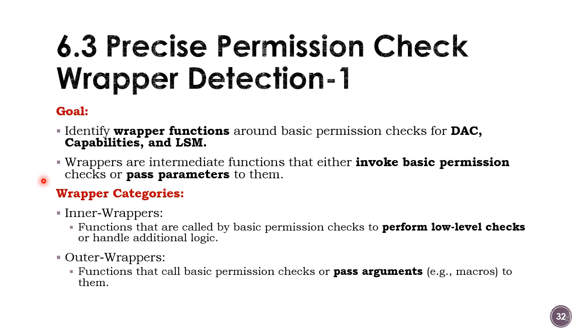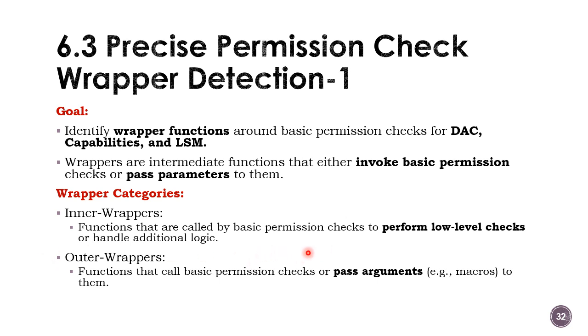So to clarify this, we will have to look at some of the features of the wrappers. So for wrappers, you will either invoke basic permission checks or pass the parameters, and this is a key to further discuss the two categories, which is inner wrappers and outer wrappers.